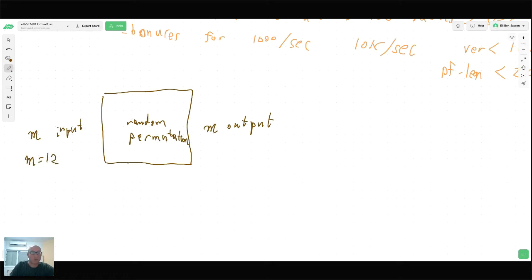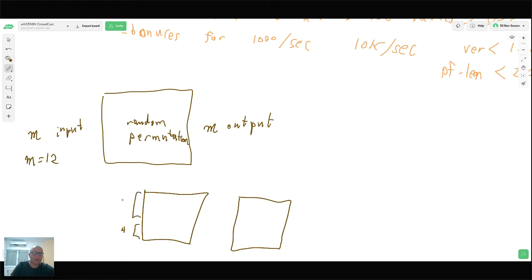So now what you could do is take this random permutation and make it into a hash, something like this. Let's say you take 4 of these inputs and you make everything else here 0. Here you put in your first input, and you shake it.